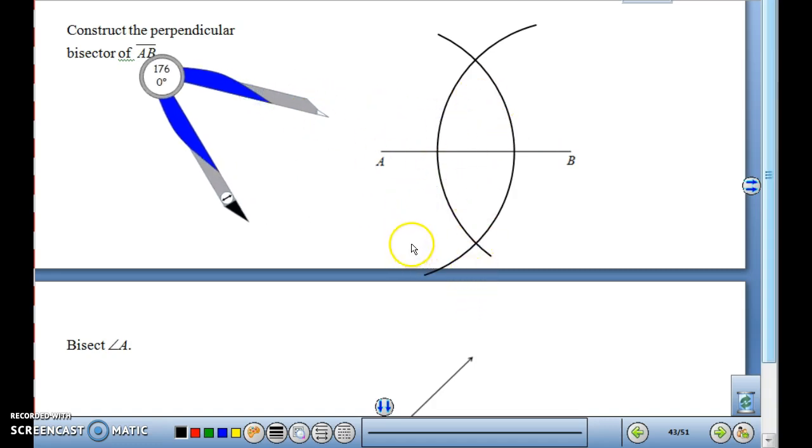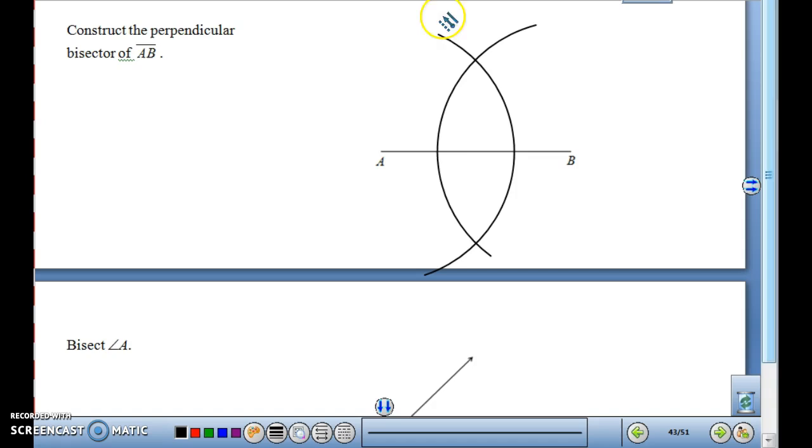Now, remember that when you have a perpendicular bisector, each point is equidistant from A and B. So the arcs intersect here and here. We want to line up our ruler and draw a line that goes through those two X's. And that is my perpendicular bisector. So it's perpendicular here, and it bisects right there. I'll call this CD.